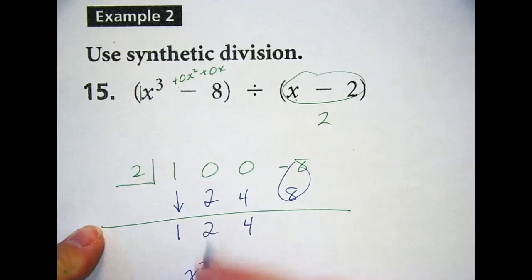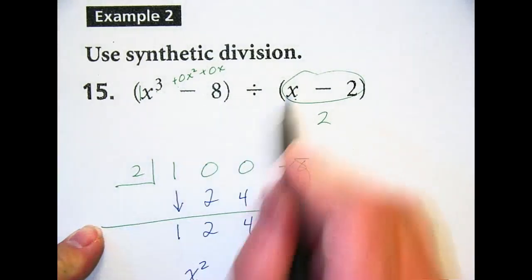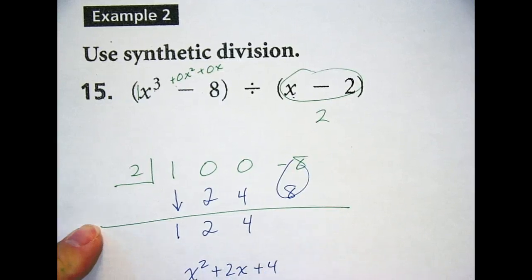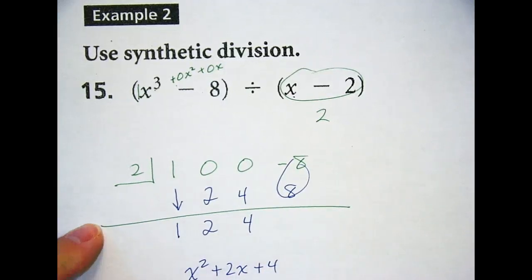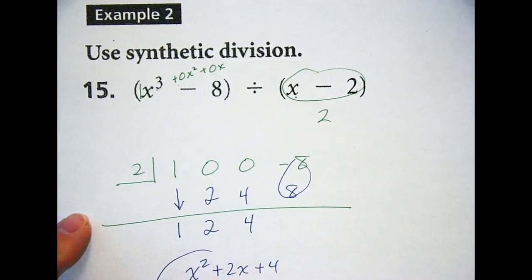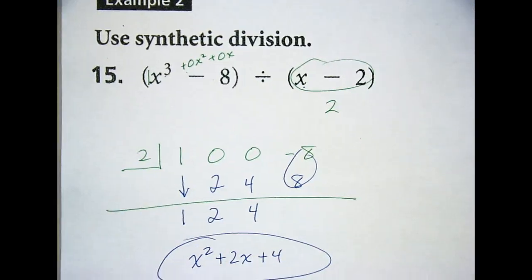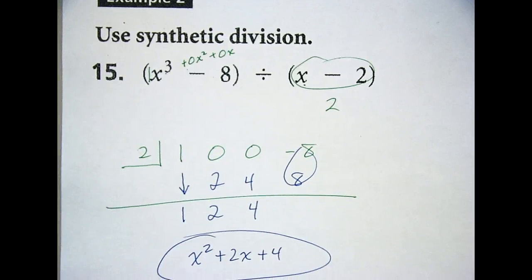Okay, it's always 1 less than this because you're dividing by a linear. Okay, so x squared plus 2x plus 4. So once we get that first degree, everything just decreases from there. All right. Any questions? Okay.